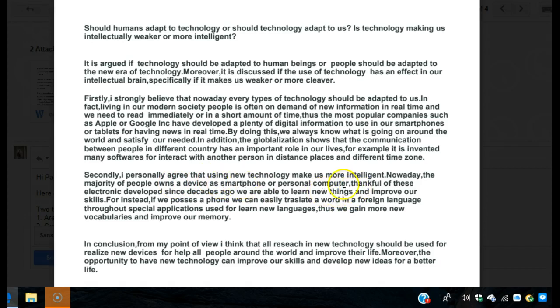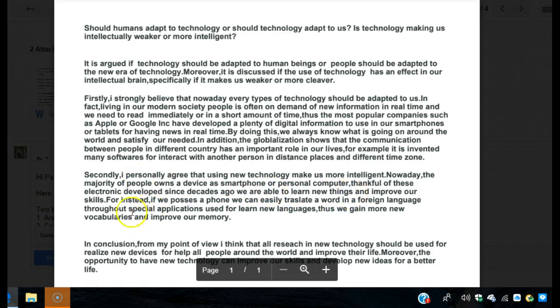"and thanks to these," what are you trying to say here? Let me see. "Thankful of these electronic developed." Okay. So, and thanks to these electronic devices developed decades ago, we are able to learn new things and improve our skills.